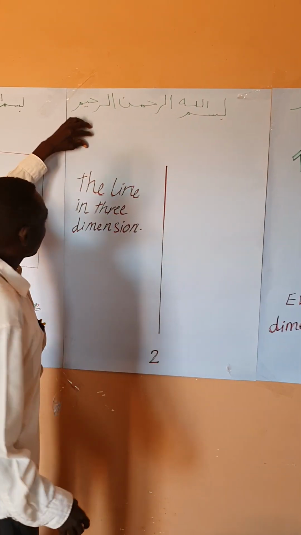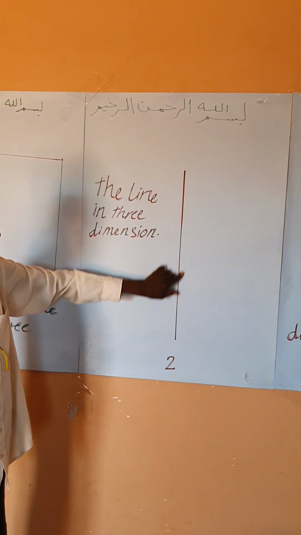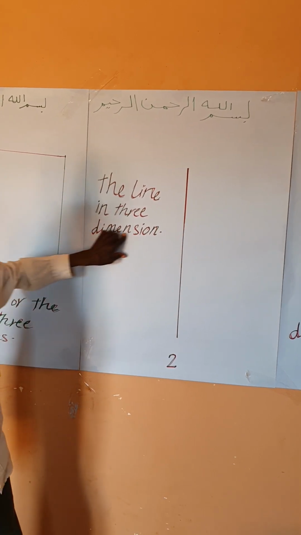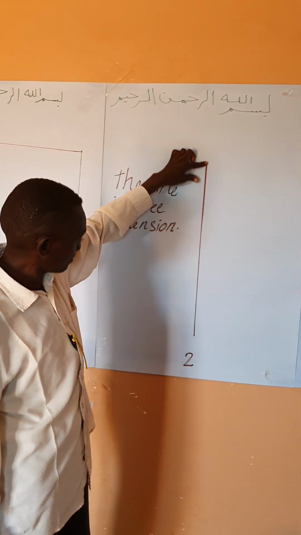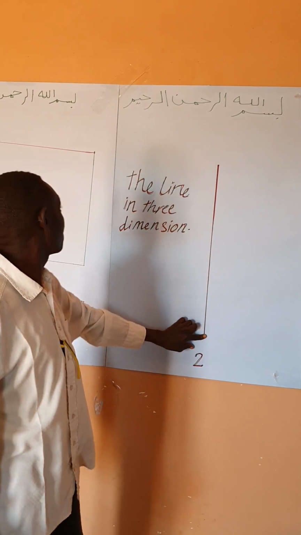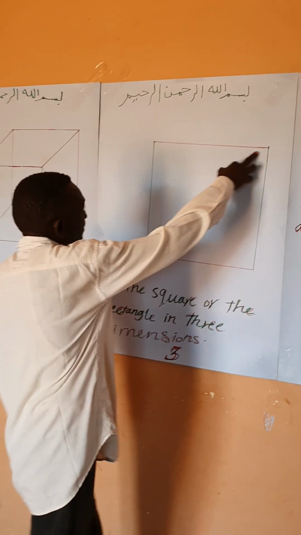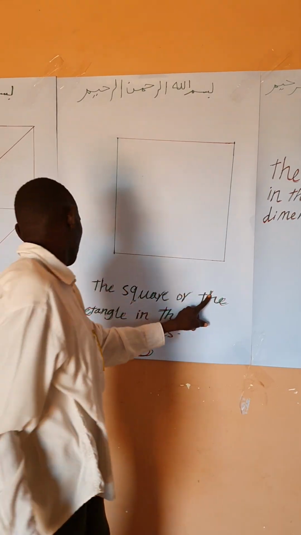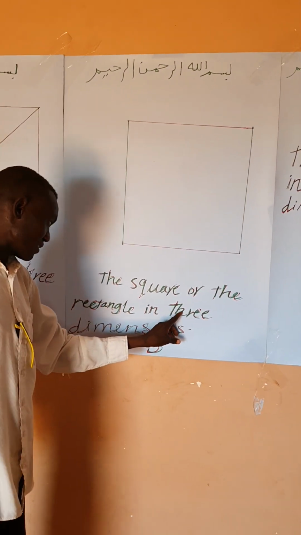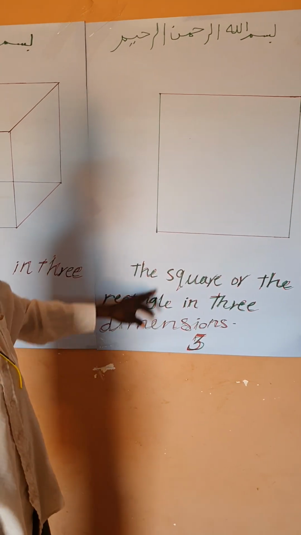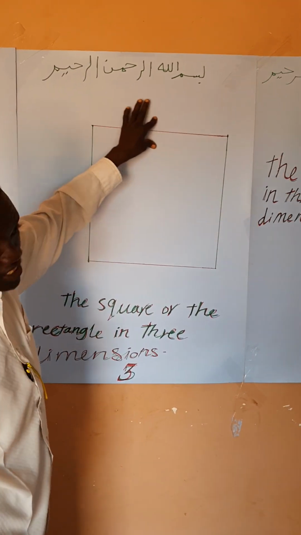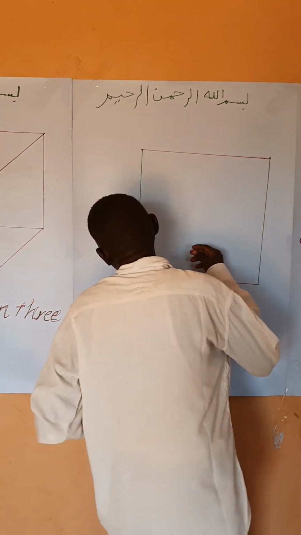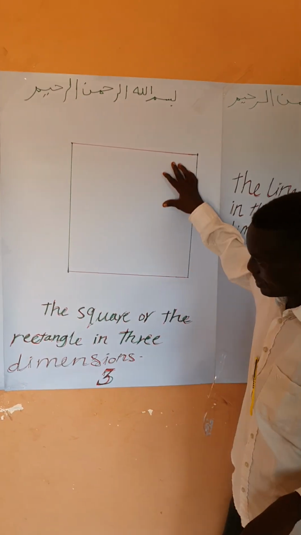If we have a line, the line is also in three dimensions. If we have squares or rectangles, they are also in three dimensions, not in one or two. Everything in this world is three dimensional.